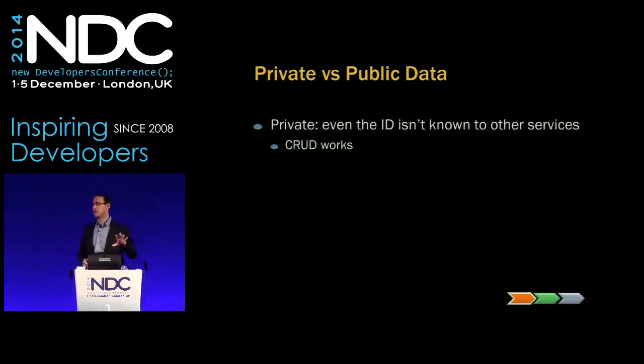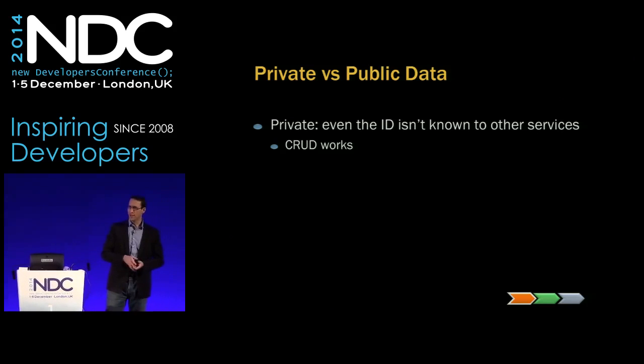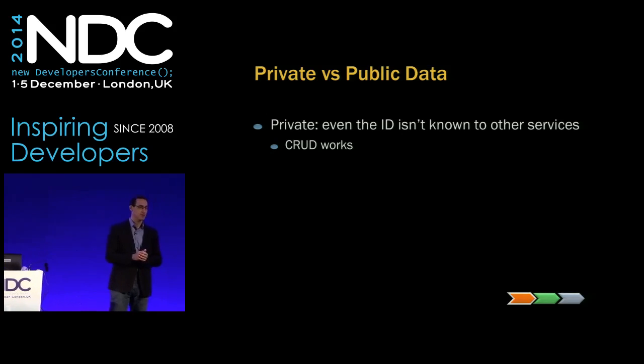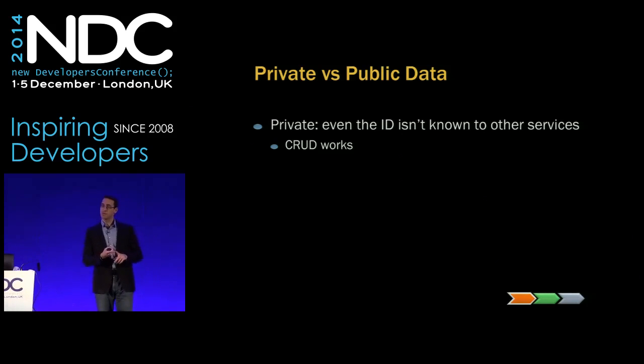Moving on a little bit. I mentioned this thing about CRUD before. You want to be very careful with how you apply CRUD when you're doing services. A good litmus test is asking yourself, is this data private data or public data? Private data is the kind of data that is operated on completely within the domain of a single service. So for example, the name of the book, the author of the book, and the image of the book.